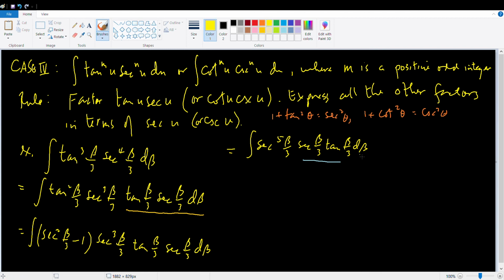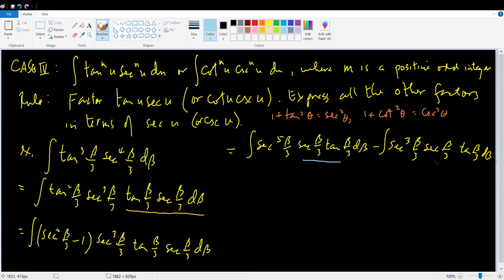Then minus 1 times secant cube is of course secant cube beta over 3, secant beta over 3, tangent beta over 3 d beta. It will not harm us if I write it secant tangent, the same.